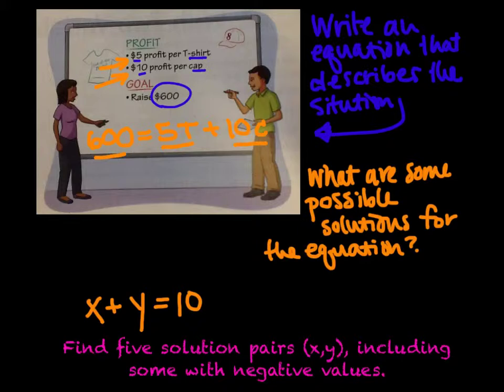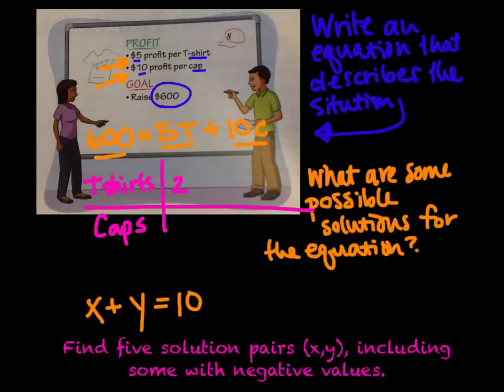We need to figure out how many t-shirts we could potentially be selling and how many caps we could sell, and determine if that would get us $600. If I were to sell 2 t-shirts, I would be making $10, because 5 times 2 equals 10.